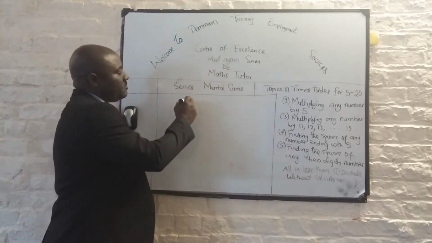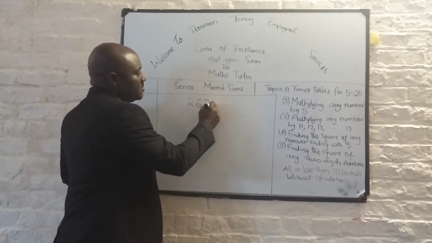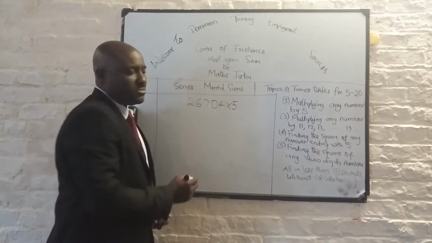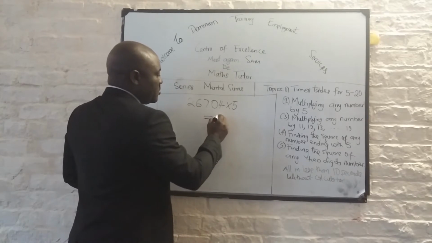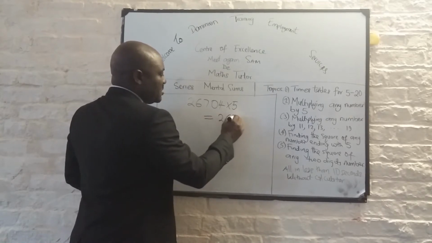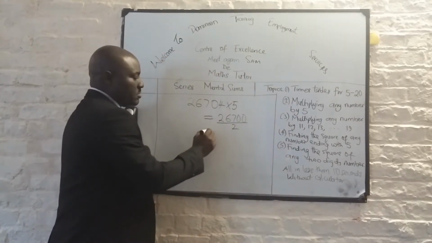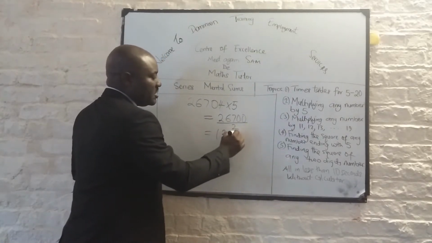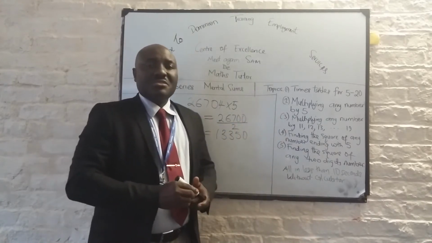Suppose I have 26704 to be multiplied by 5. I will simply say this is equal to 26700 all over 2. You say this is 1, this is 3, this is 3, this is 5, this is 0. It's as simple as that.